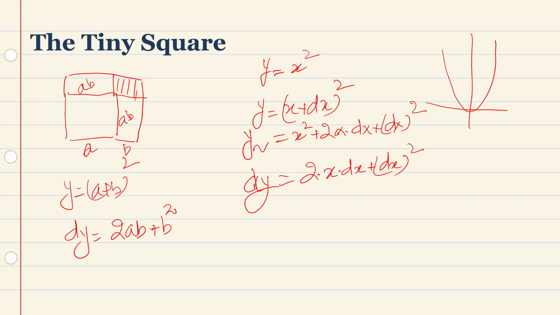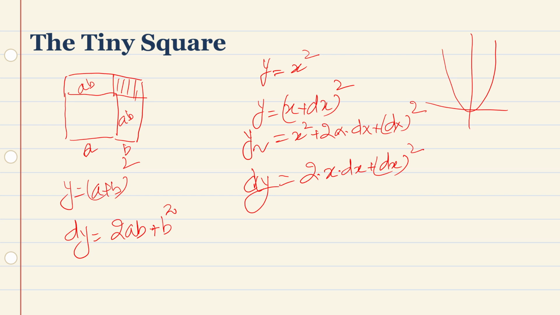As we saw, if we make this b in the square very tiny, eventually b squared becomes very, very small. It reduces to the point where it does not have a significant impact on the change in the area.